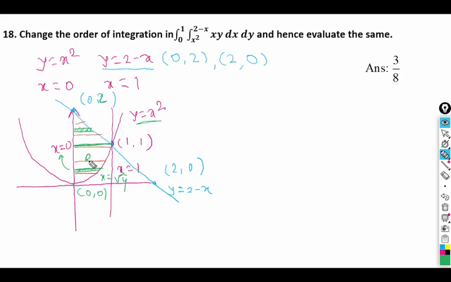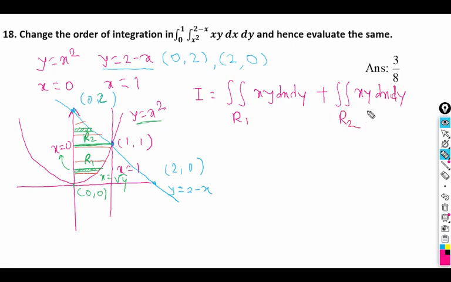This region I will call R1, and another region I will call R2. Now our double integral will become the double integral of xy dx dy on the region R1 plus the double integral of xy dx dy on the region R2.